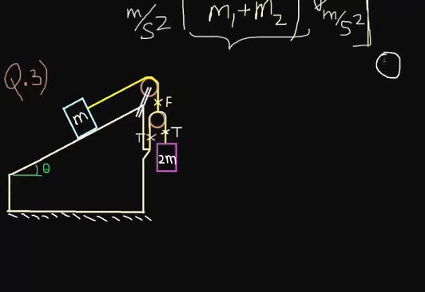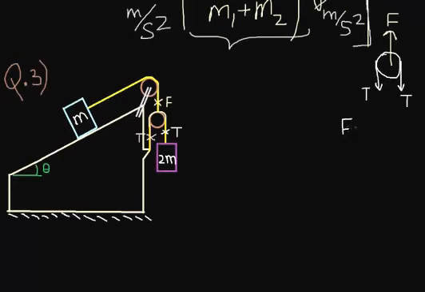So if I draw the free body diagram of the pulley, there is a tension downwards over here, and there is a tension downwards on the right side also, and then there is a force F upwards. Since the pulley is at rest, it's not accelerating, and since the acceleration is 0, we can say that the total force on the pulley is 0.